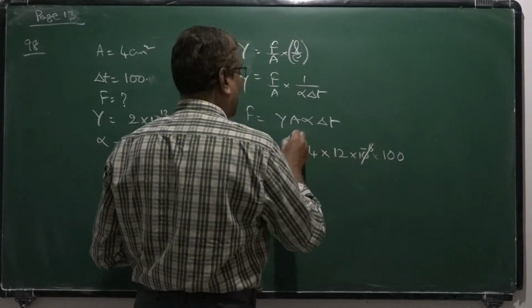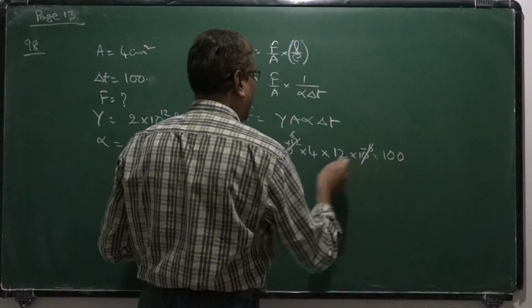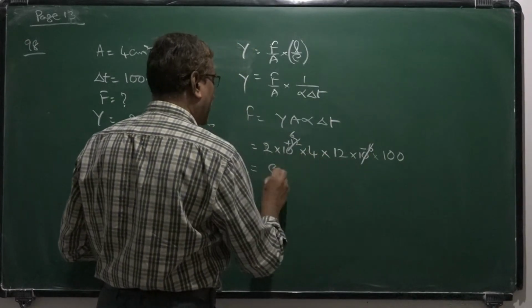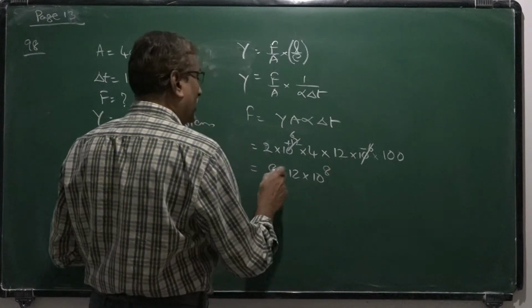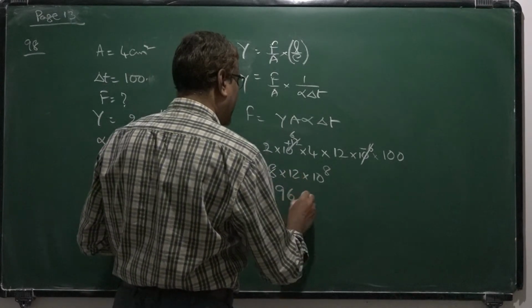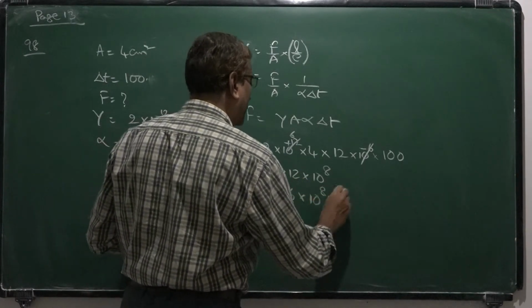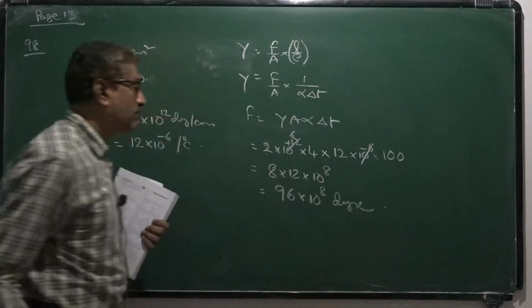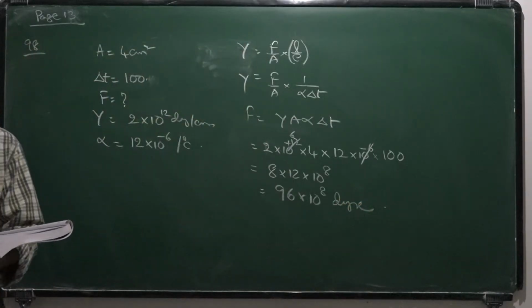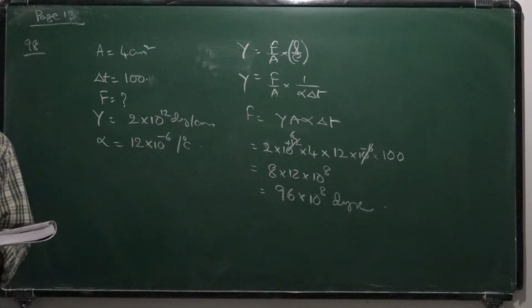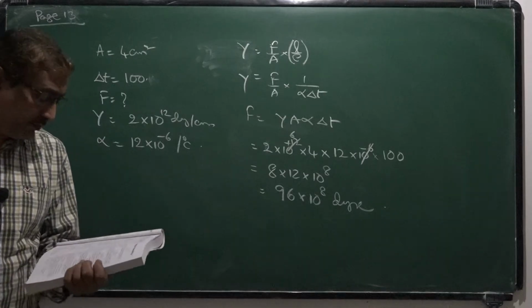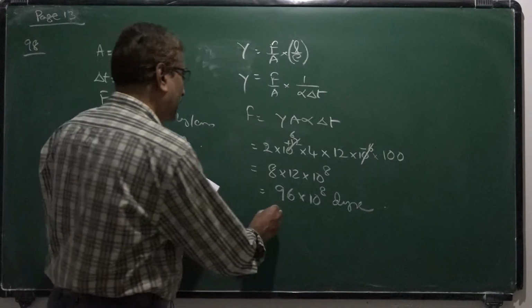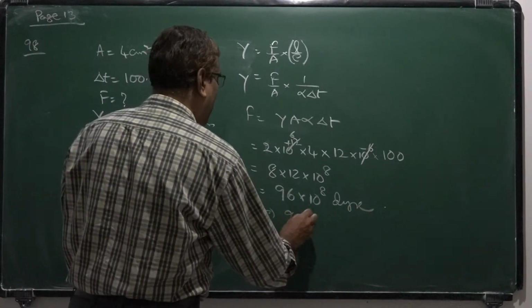That is 10 to the power 8, 8 into 12. 8 into 12 is 96 into 10 to the power 8 dyne. So in the options it is given 9.6.